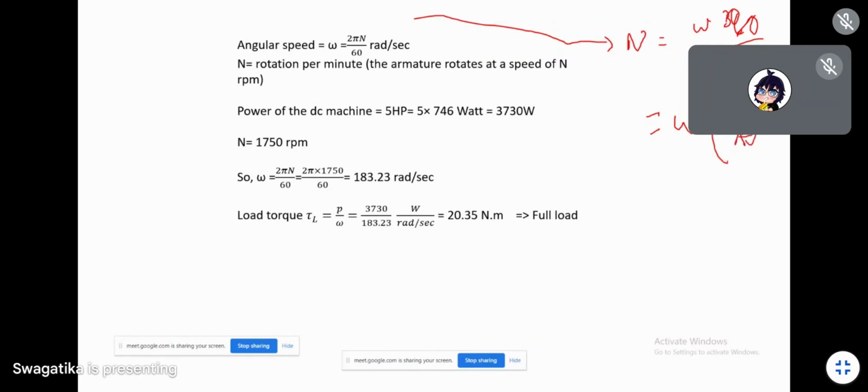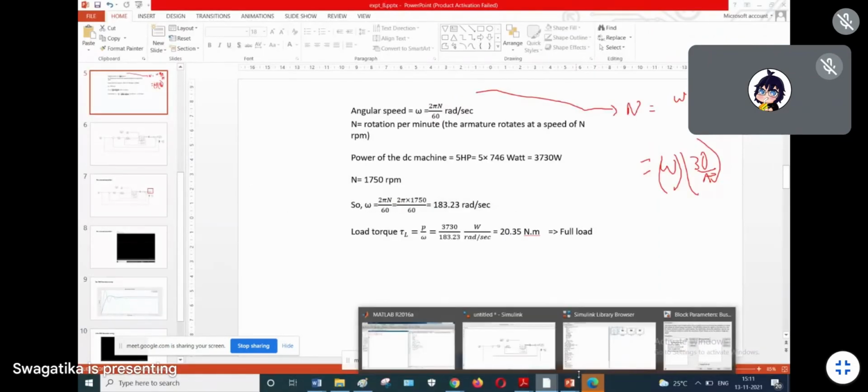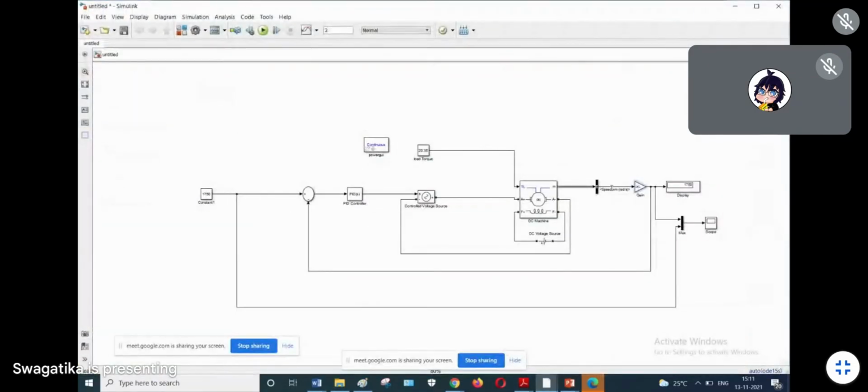So obviously the gain will multiply, you know that. So this is already omega m in radian per second going into this gain. Why this gain? Because we have to multiply by 30 divided by pi here. Now I am taking this n. N is in RPM.